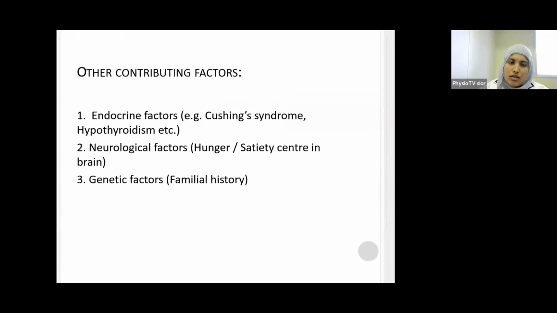Other factors which contribute to one person being obese are endocrine factors, neurological factors, or family history or genetic disorders.